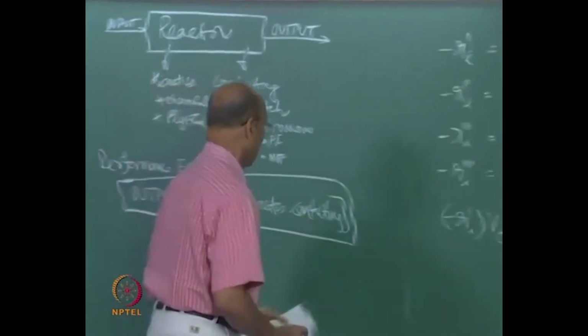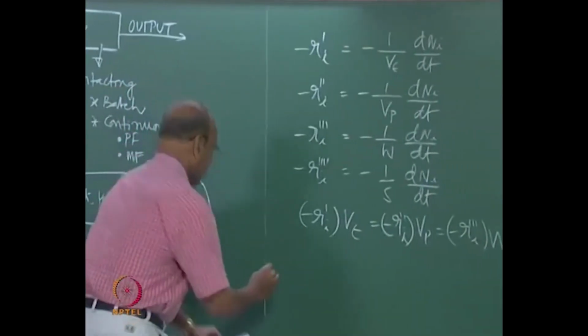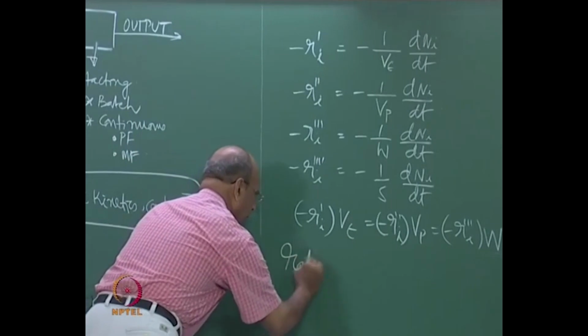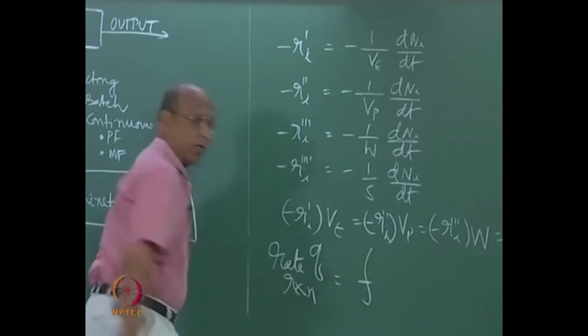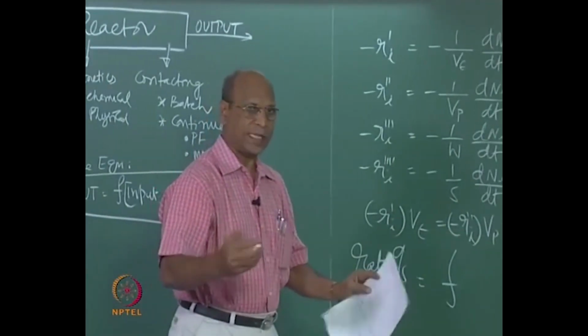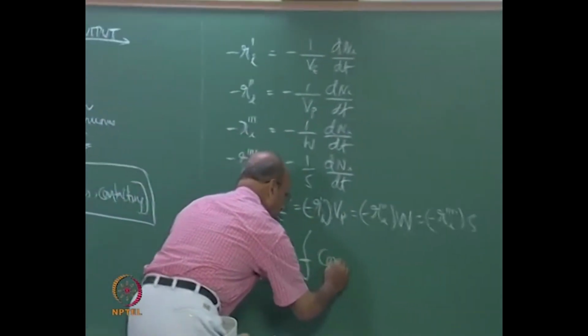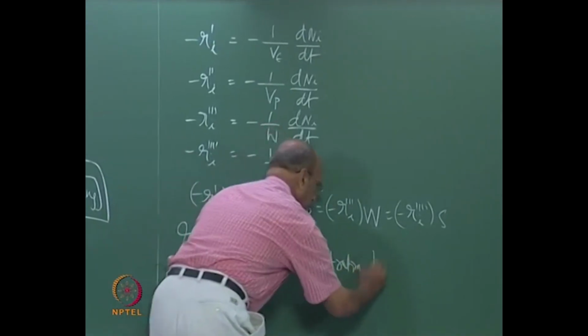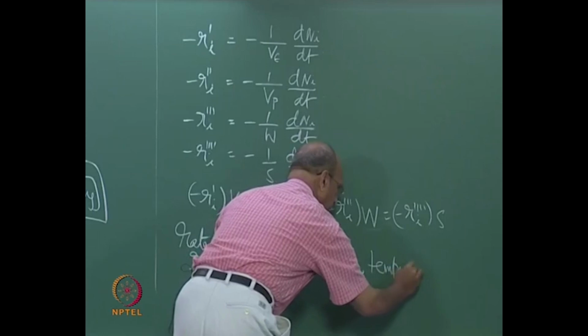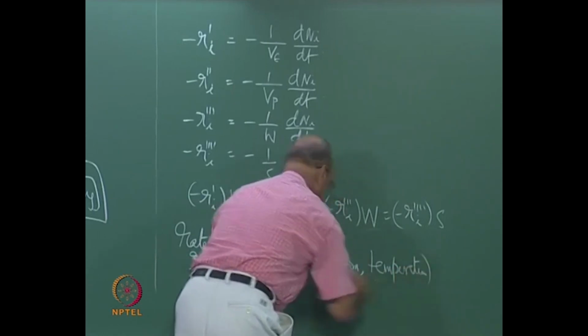So finally, our conclusion is that the rate of reaction, as we already know, is a function of concentration and temperature. That is all, these are the two terms you will have.